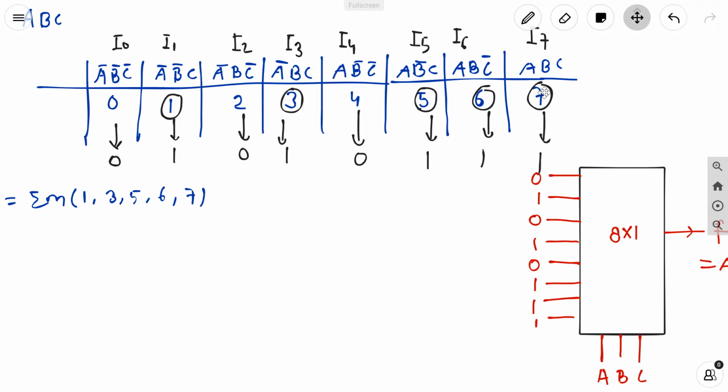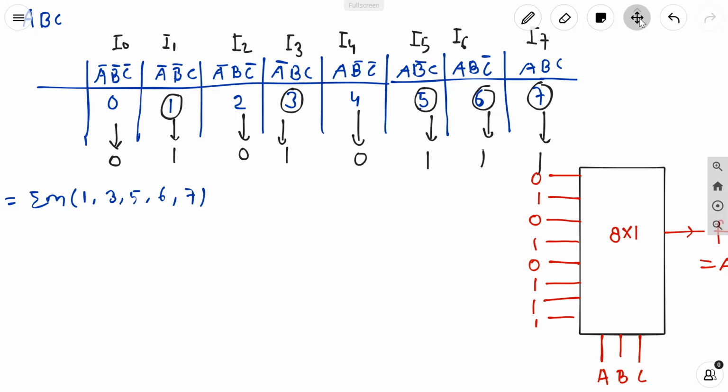This is the fundamental of this technique. Whatever variables you have, first use them on the select lines, then look at the input lines. If the function has m variables and your select lines are also m, then put all m variables at the select lines and the inputs will occupy only 0s and 1s. So this is the implementation of this function using 8:1.